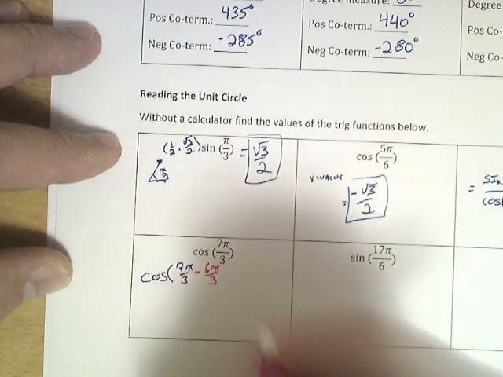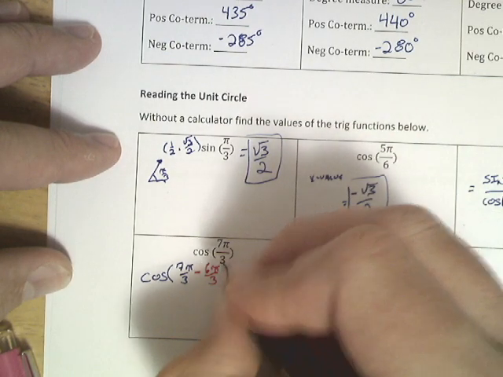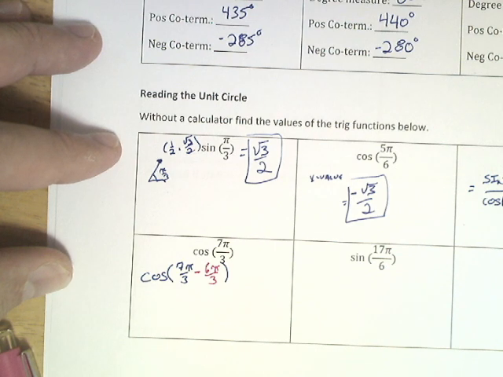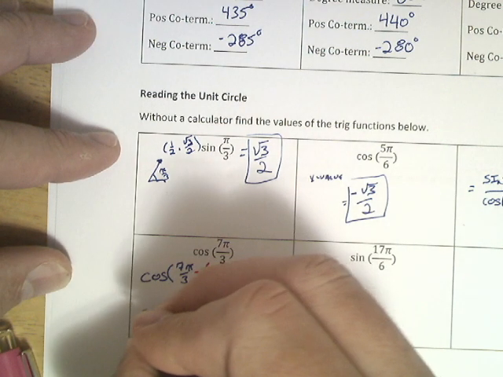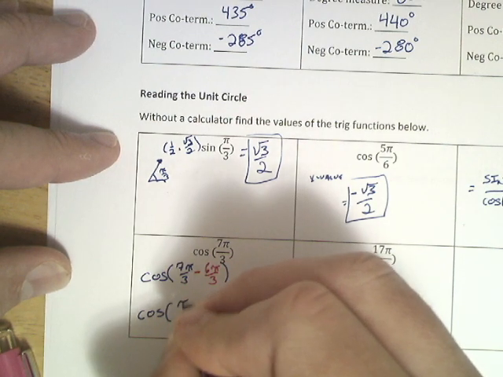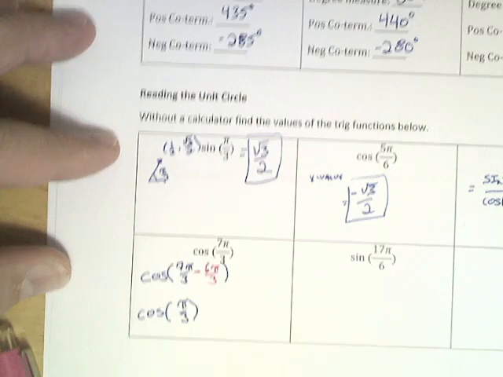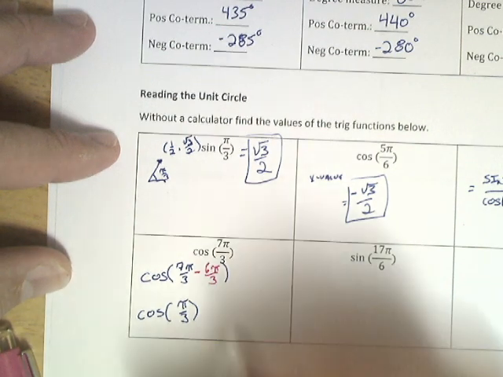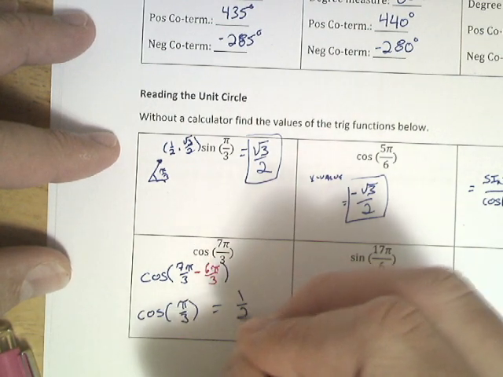We are going to subtract a full rotation from it, but we're going to have common denominators, so we'll use 6 pi over 3. So this will be equal to cosine of pi over 3, which is equal to 1/2.